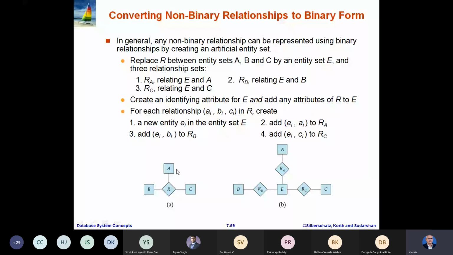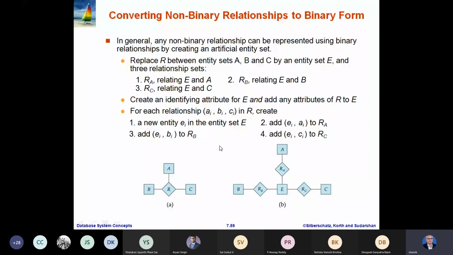Then you simply have these relationships replaced by this between A and E as RA, B and E by RB, and C and E by RC. So that is what we will do for converting any non-binary relationship to binary form. Naturally, we will see that in most cases you will have these binary relationships.